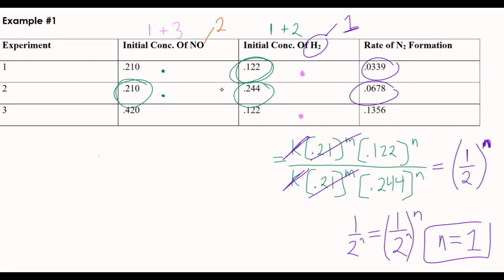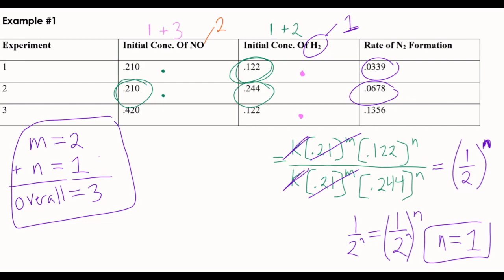So the overall answer to this question would be that m is equal to 2, n is equal to 1, and then overall, we would just add those two things together, which is 3. Okay, so that would be the final answer for this question.